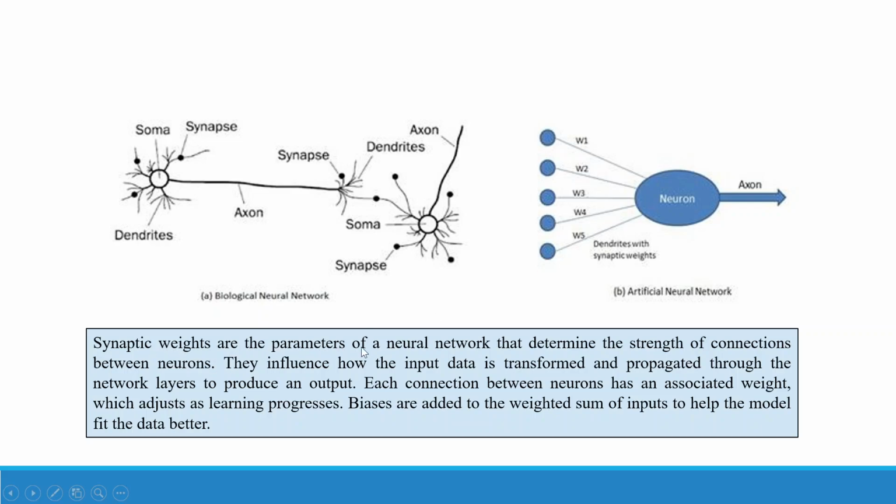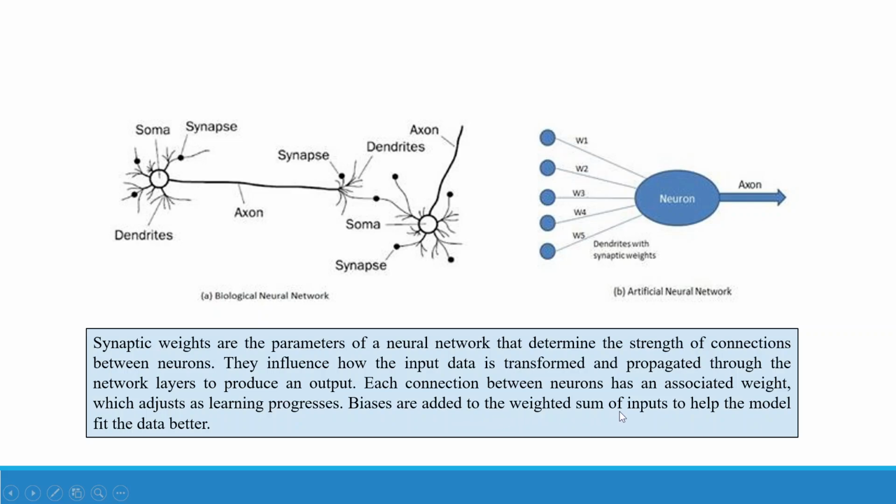Synaptic weights are the parameters of the neural network that determine the strength of connections between the neurons. They influence how the input data is transformed and propagated through the network layers to produce an output. Each connection between neurons has an associated weight. So these are the weights which adjust as learning progresses.